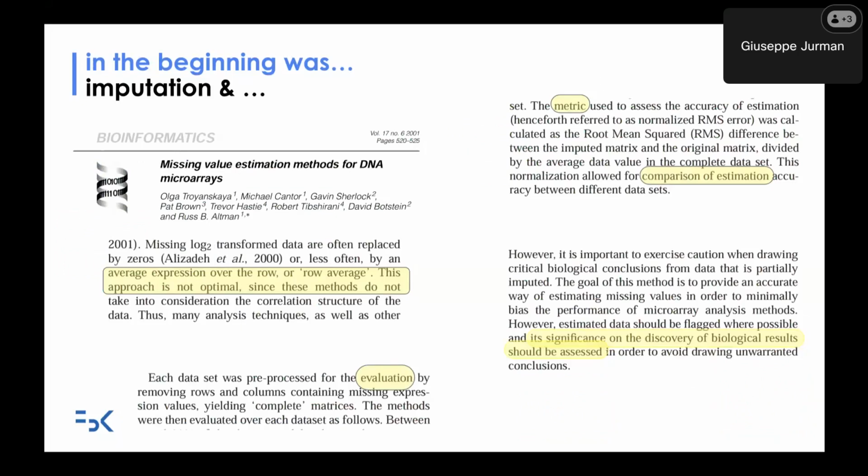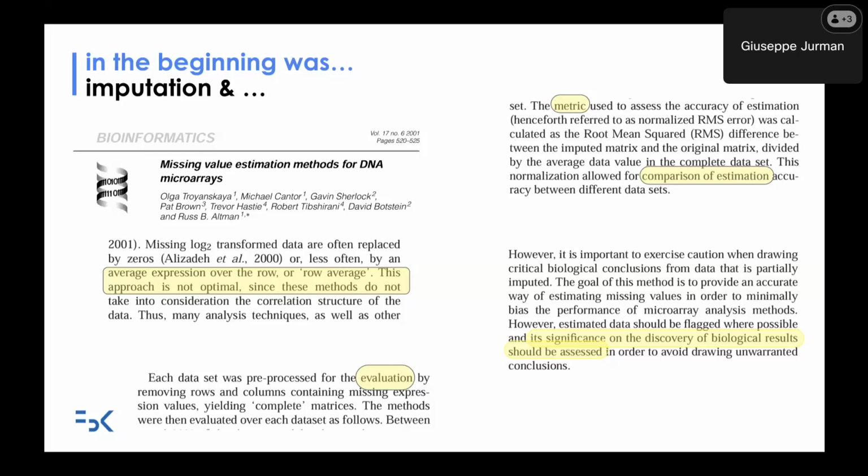Imputation is probably the first and the oldest problem in omics data. Solving the problem of imputation dates back to the early 2000s. And the idea was to use some mathematically or statistically constructed synthetic data.